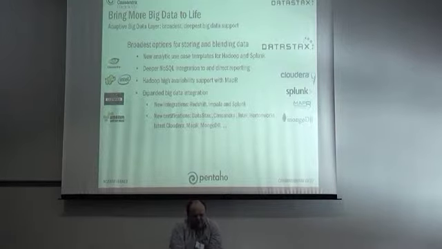One of the interesting things that Pentaho created, and again this is available in open source, is an adaptive big data layer. One of the problems that our technical people have been wrestling with is the need to support so many different Hadoop and big data technologies out there. Even with a single vendor like DataStax, Cloudera, or MapR, going from one version to another, the underlying Java APIs sometimes change dramatically.